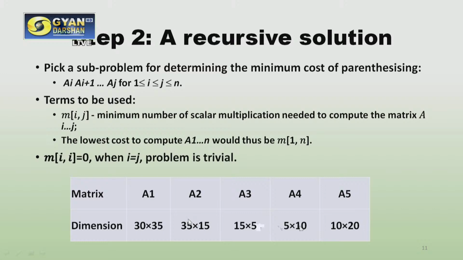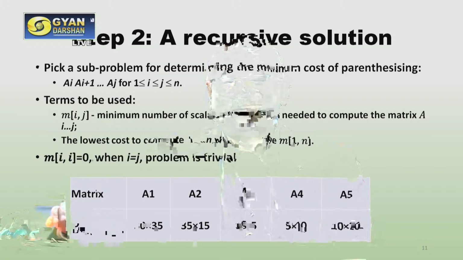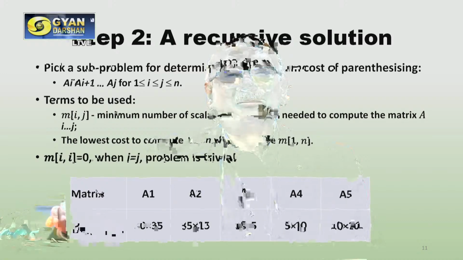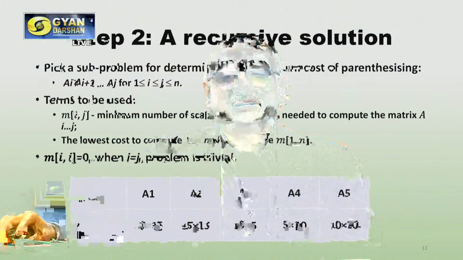So all the multiplications are conforming. Now what we need to determine is how to multiply them so that the overall multiplication is achieved in the optimal, or minimum, number of multiplications.